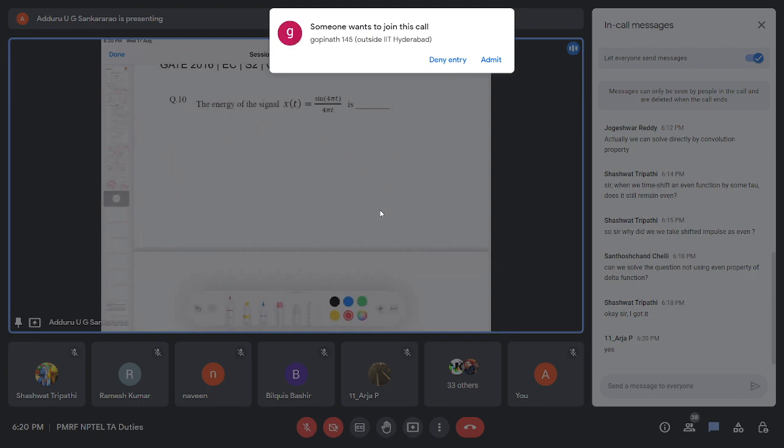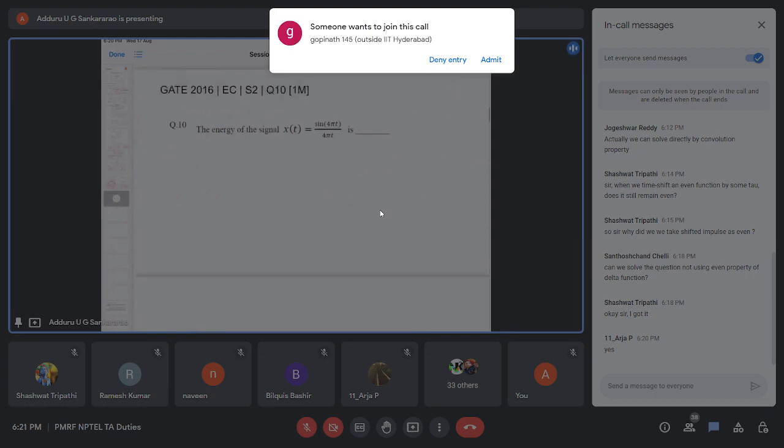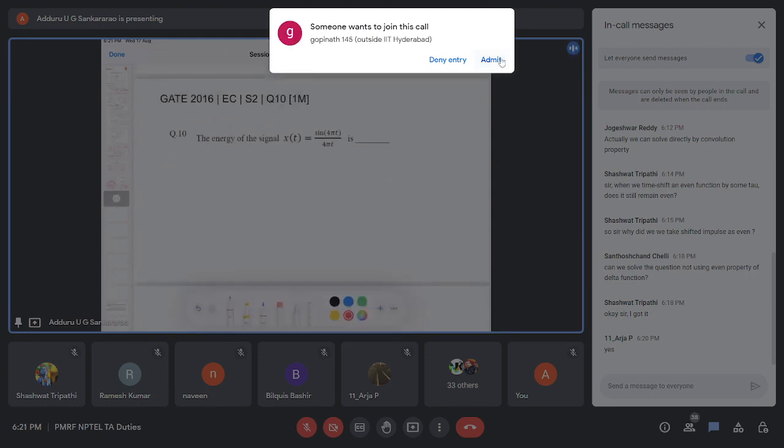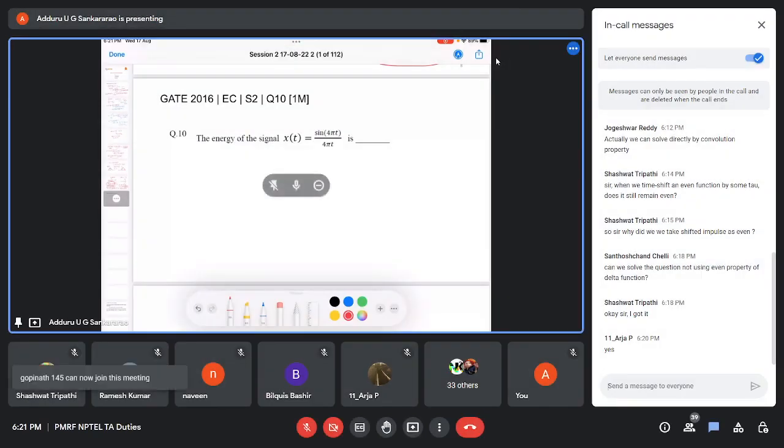This is the question you can read out, and can somebody give me a hint how we can do it? This was given in GATE 2016 ECE, set 2, for 1 mark.